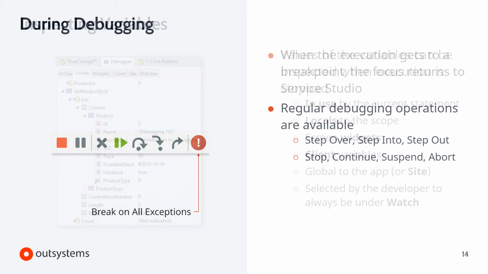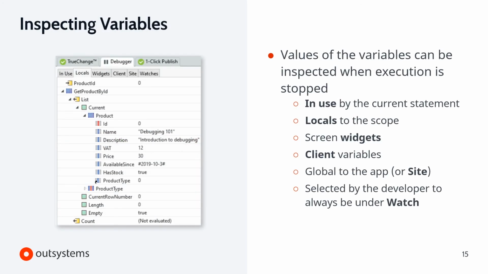When developers are doing a step-by-step execution, they can inspect the values of the variables in different scopes of the application. We can have a look at the values of the variables that are being used in the current statement in the Use tab. Also, there's a chance to look for the variables that are local to the scope of the execution and also the values in the screen widgets when we are in a screen action.